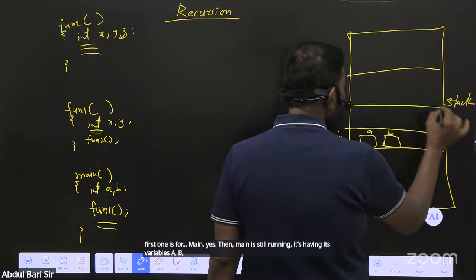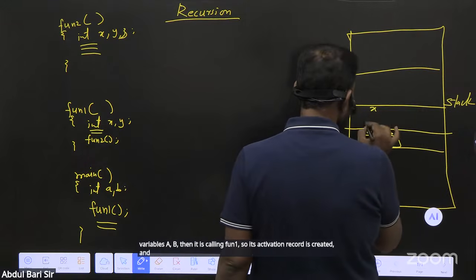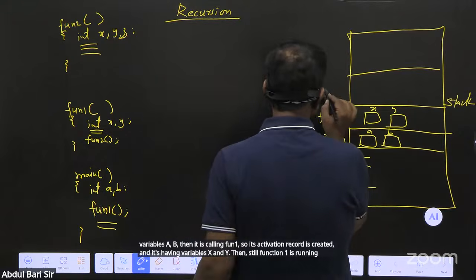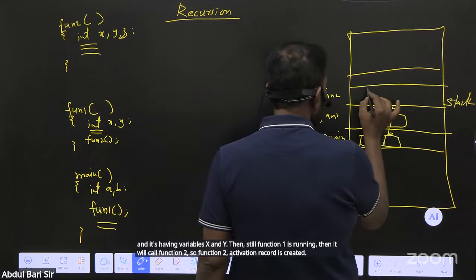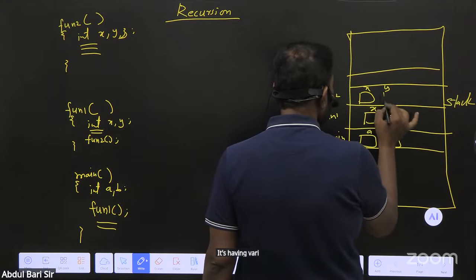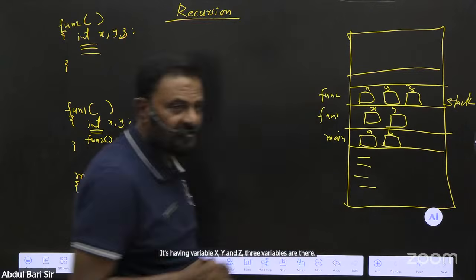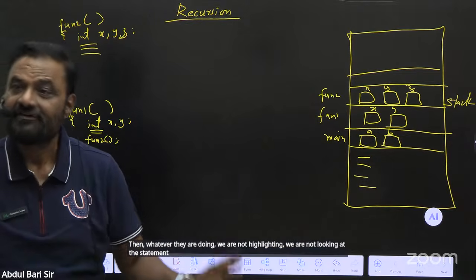Then it calls fun1, so its activation record is created, with variables x and y. Then fun1 is still running, and it calls fun2. So the fun2 activation record is created, with variables x, y, and z. Whatever they are doing, we are not looking at the statements, just at the function calls.